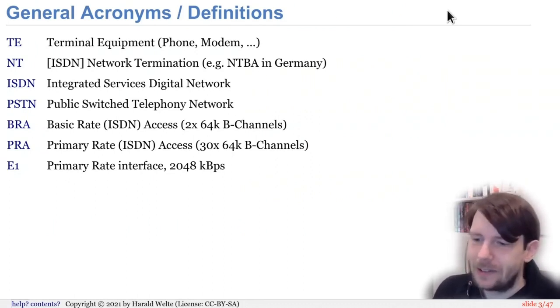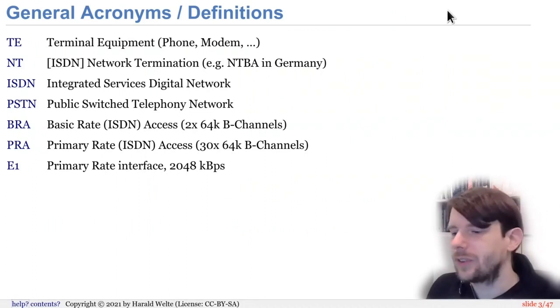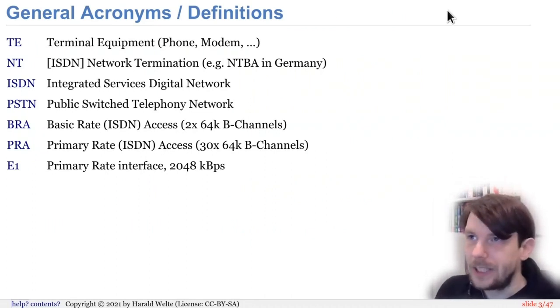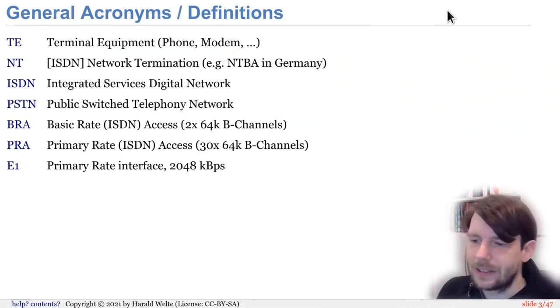BRA is found in the specs quite often as a basic rate ISDN access line, which consists of two 64 kilobit B channels, meaning bearer channels for voice, fax, or data transmission, circuit switched data of course. And PRA is a primary rate ISDN access line, which is an E1-based interface with 30 user channels, 30 64K B channels.